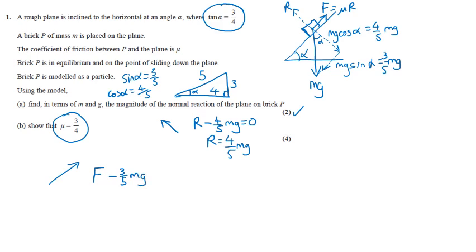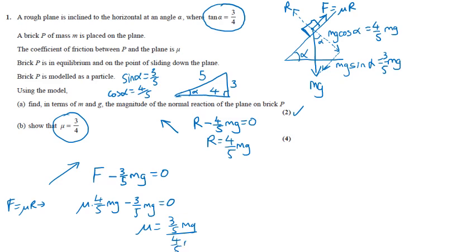But we know that F is equal to mu times R, and we worked out R in the first part, it's 4/5 mg. So we've got mu times 4/5 mg minus 3/5 mg equals 0. If you rearrange that, you get mu is equal to 3/5 mg divided by 4/5 mg, which equals 3/4.